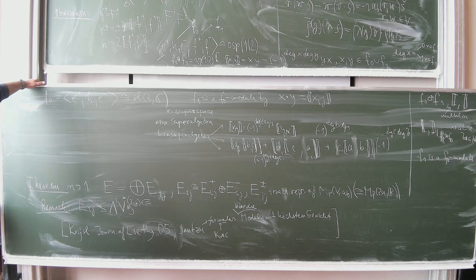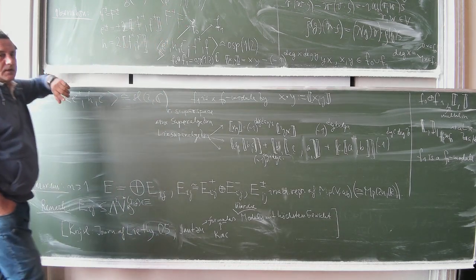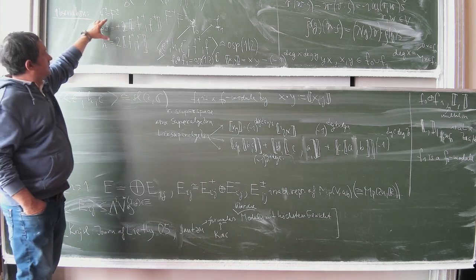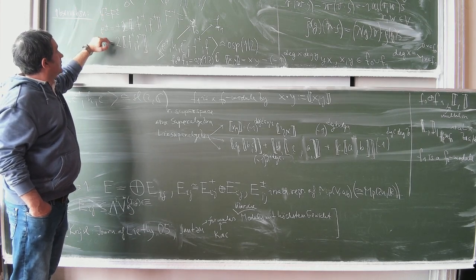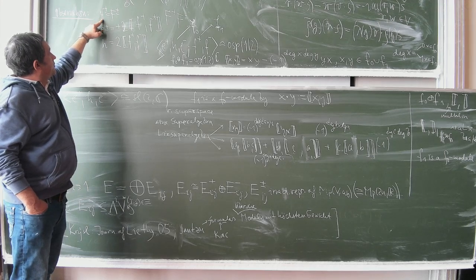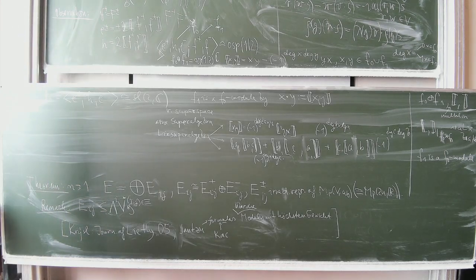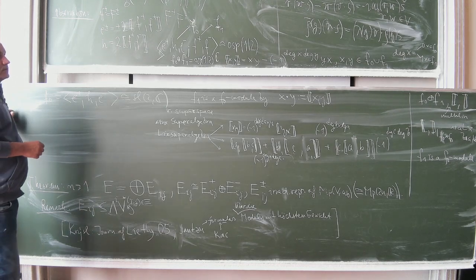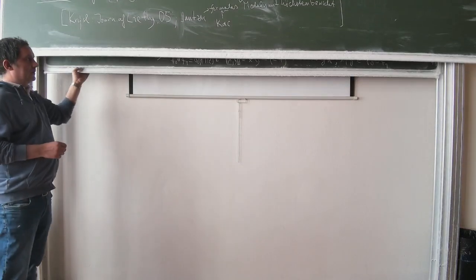They are given by these operators, which are substantial in the sense that they generate the whole of OSP. F plus was sufficient to define all the other elements. So this is the full commutant in this space. And it's quite good to have this commutant, as we will see later, hopefully.